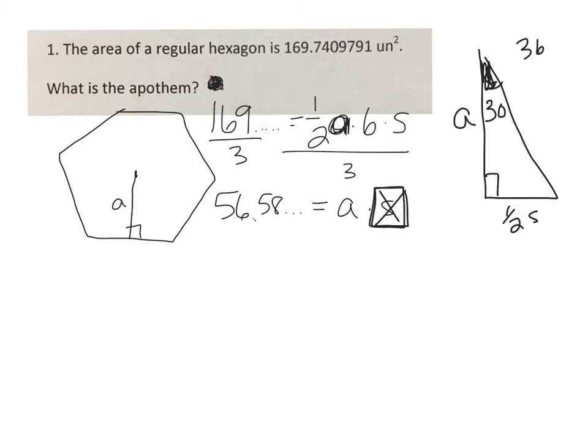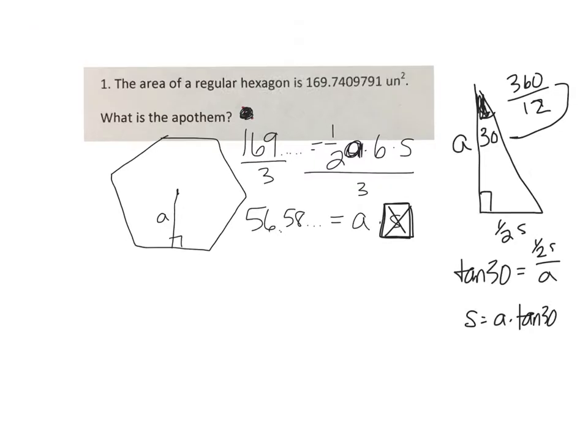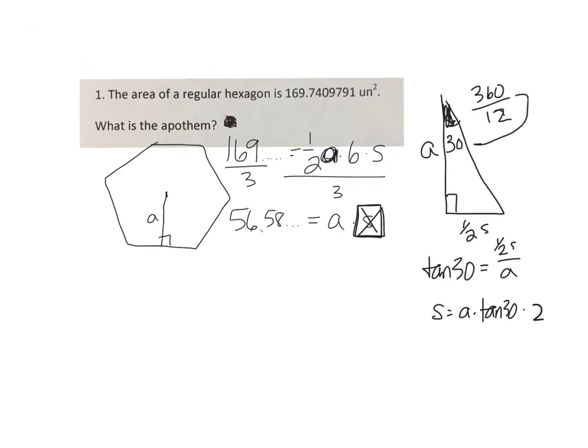That's 360 divided by 12. That's how we find that angle: 2 times the number of sides. So there's a tangent relationship between the side length and the apothem. And it turns out that the side length equals the apothem times the tangent of 30 times 2.